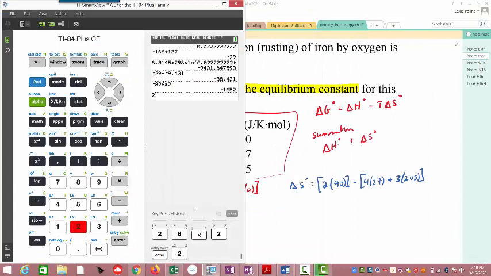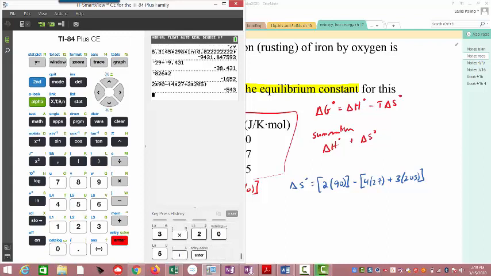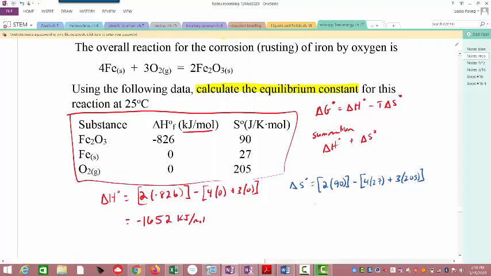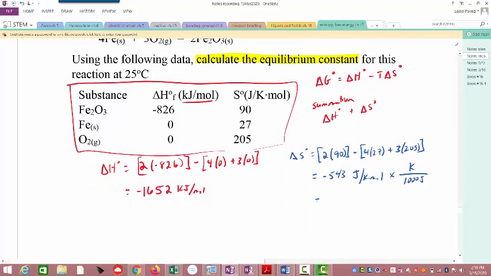So 2 times 90 minus 4 times 27 plus 3 times 205. And we have negative 543. But this is joules per Kelvin mole. So convert it to kilojoules.